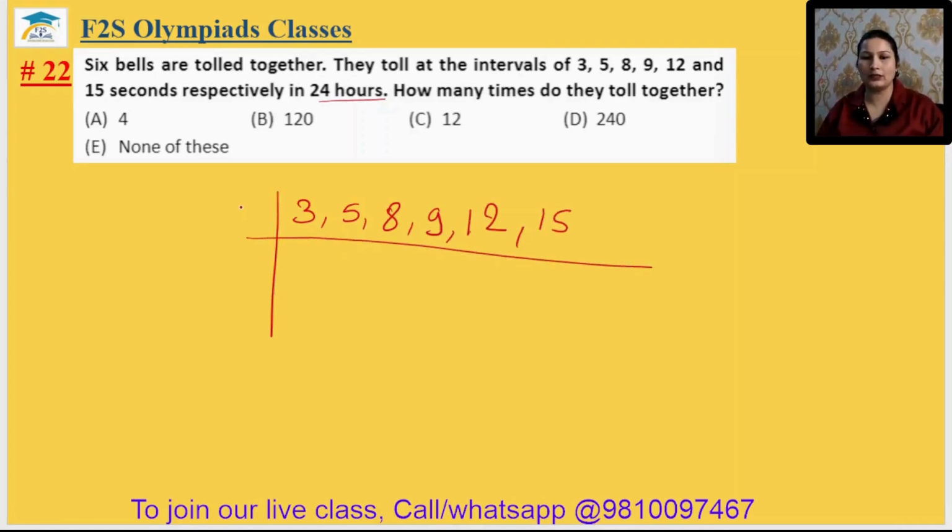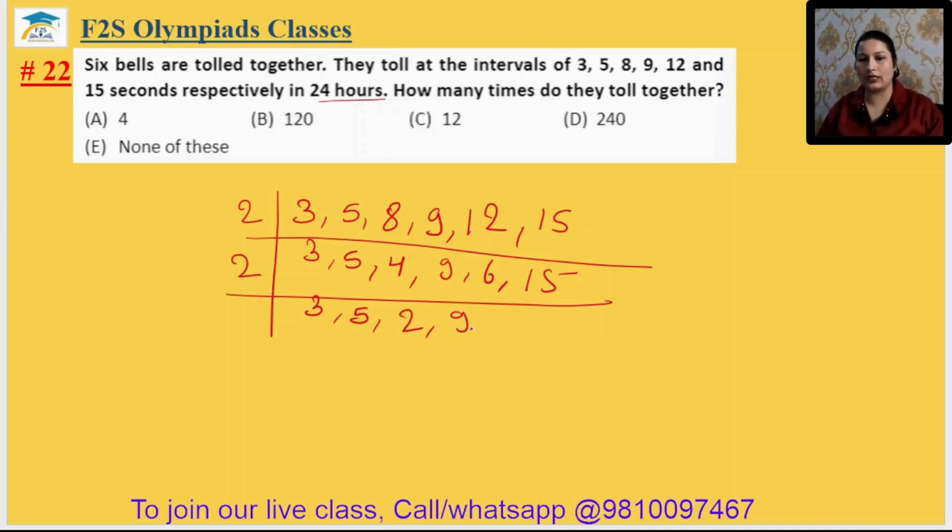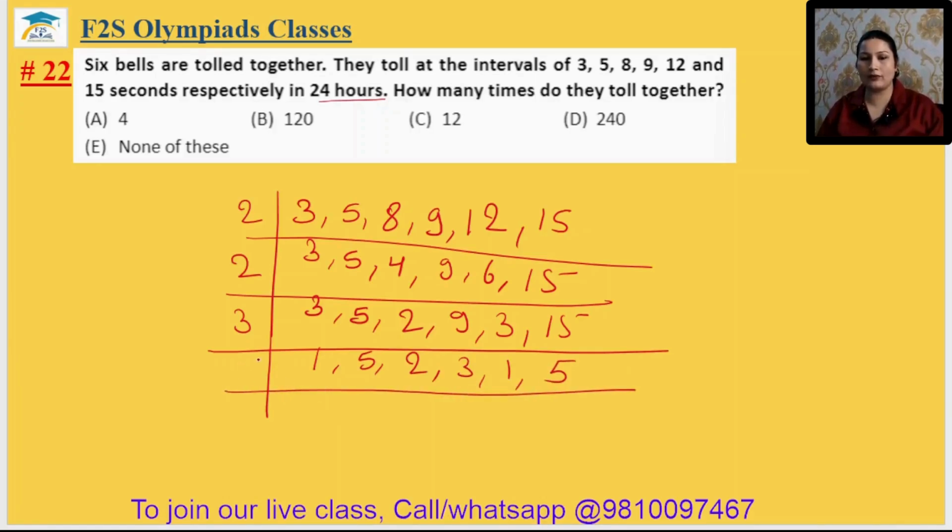First we take 2: 3, 5, 4, 9, 6, 15. Again we take 2: 3, 5, 2, 9, 3, 15. Now we take 3: 1, 5, 2, 3, 1, 5. Now we take 5: 1, 1, 2, 3, 1, 1. Now these two are co-prime numbers.